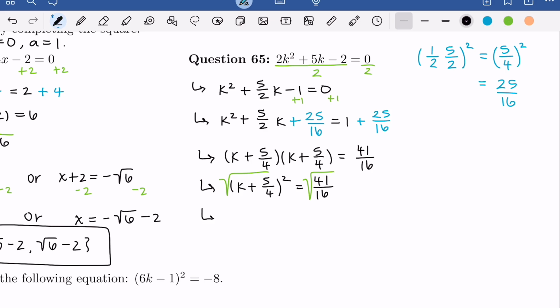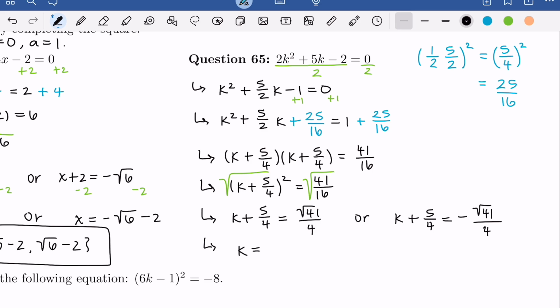Doing that, we're going to have k plus 5 over 4 is equal to the square root of 41 over 4. Since we have the square root of 16 in our denominator here, that'll give us 4. And then we also have that this guy is going to be equal to the opposite of that. So from here, we just have to solve for k. So for both these equations, we're going to subtract 5 over 4 on both sides.